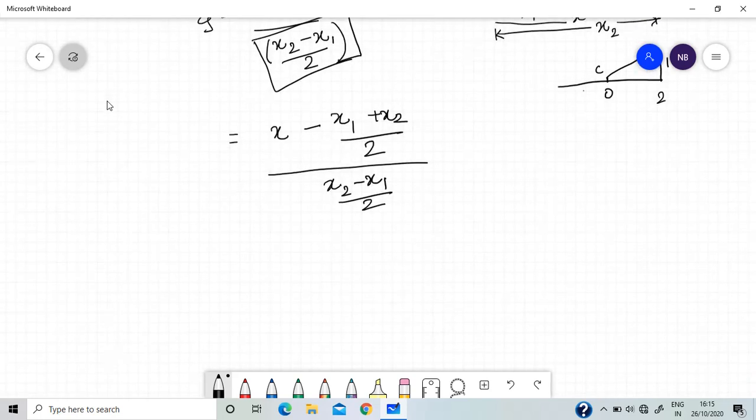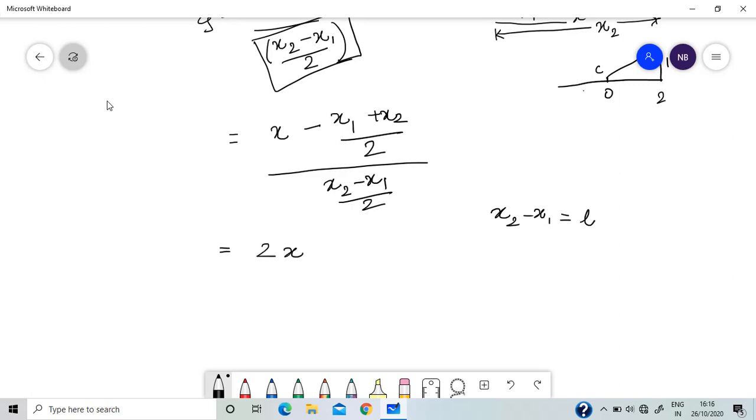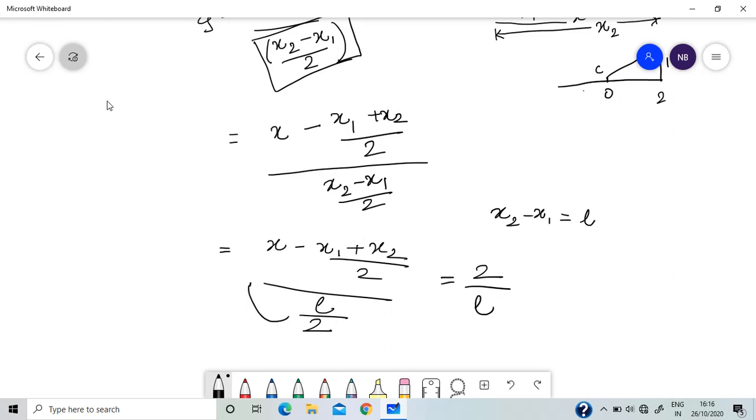Cross multiplying these terms and replacing x2 minus x1 as L. So first let me cross multiply. Let me leave this term like this: x minus x1 plus x2 divided by 2 upon L by 2, which is also equal to, this term comes up here.